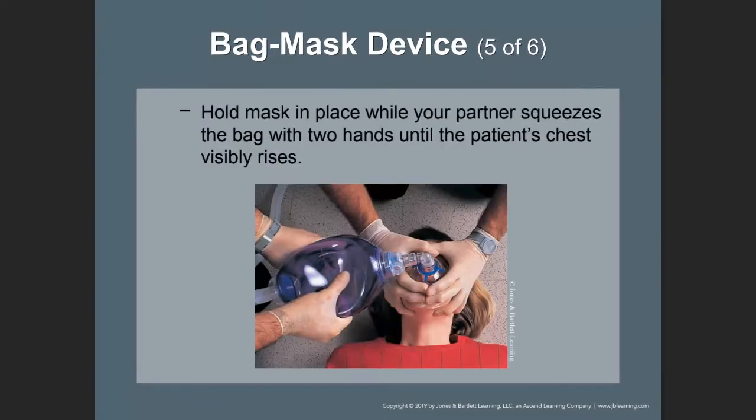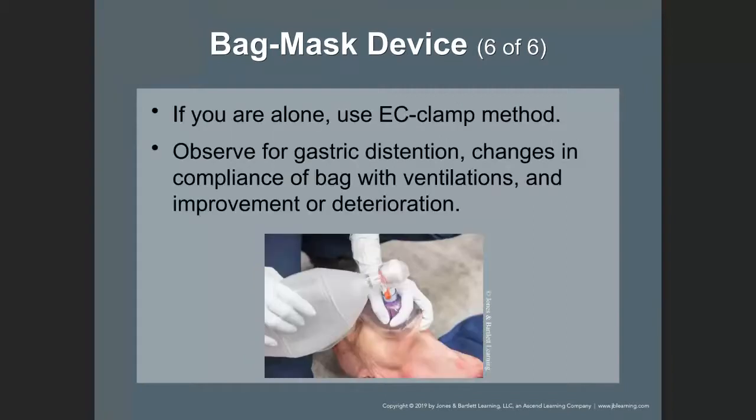Hold the mask in place while your partner squeezes the bag with 2 hands until the patient's chest visibly rises. If you are alone, use the EC clamp method. Observe for gastric distension, changes in compliance of the bag with ventilations, and improvement or deterioration.